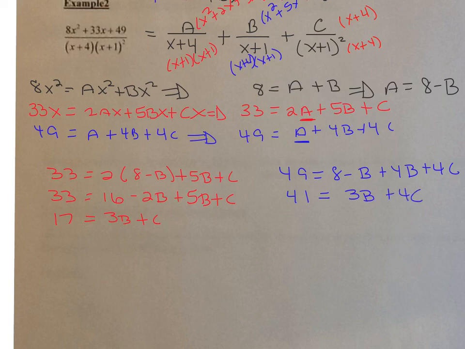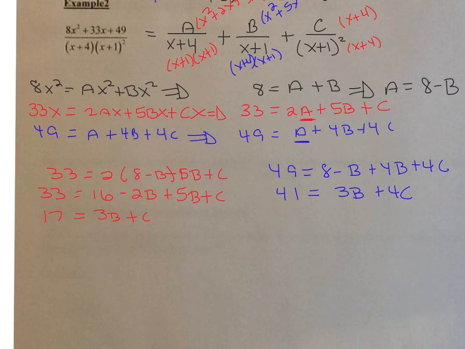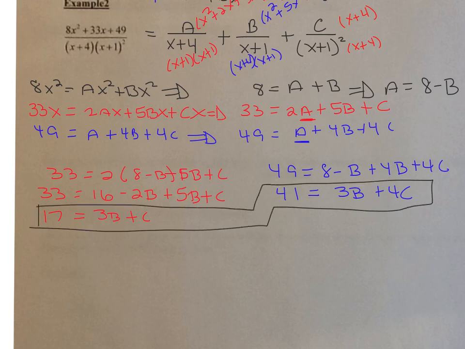Now I'm going to use these two equations and solve them. So 17 = 3B + C, and 41 = 3B + 4C. I'm going to multiply the top equation by negative 1, so I get a negative 3B.